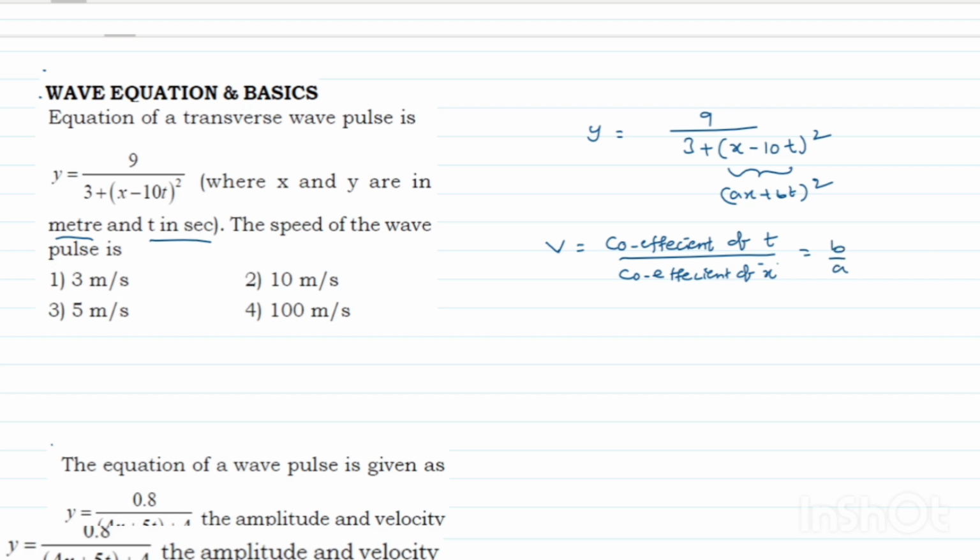Here b is 10 and a is 1. The velocity of the wave, the speed of the wave, will be 10 by 1, which is nothing but 10 meter per second. So this is the correct answer.